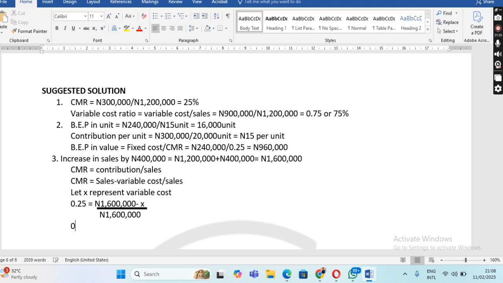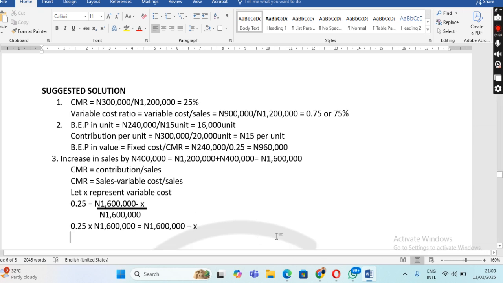So we can have 0.25 times 1.6 equals 1.6 minus x.